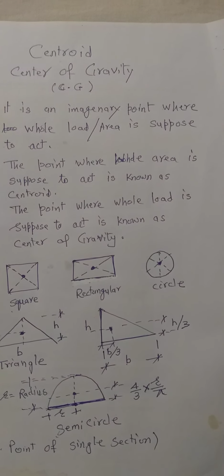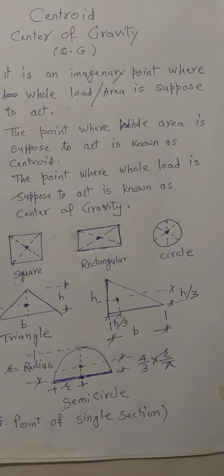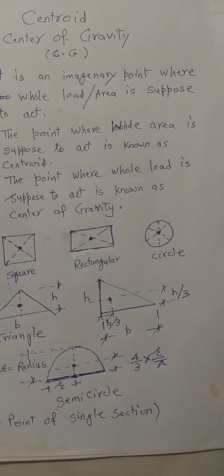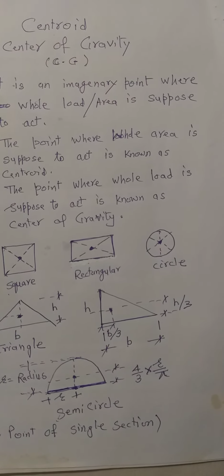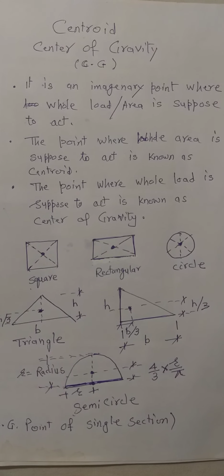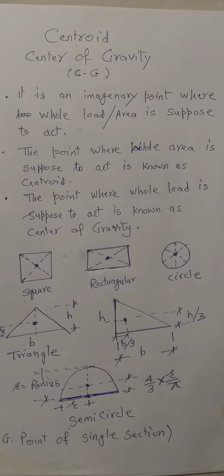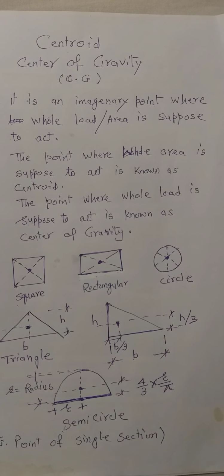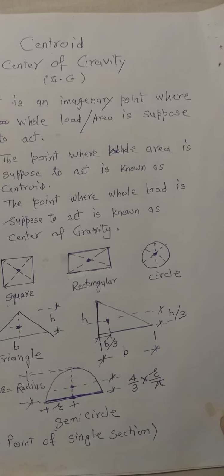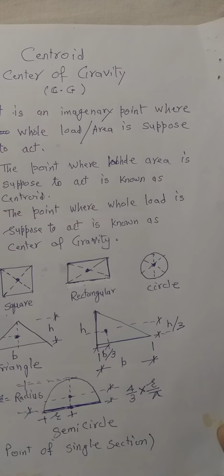Now we'll discuss something about the individual sections, for finding out the center of gravity of the individual sections. First of all, we talk about the square. The center of the square is the point of center of gravity. Center of the rectangle is the point of center of gravity.